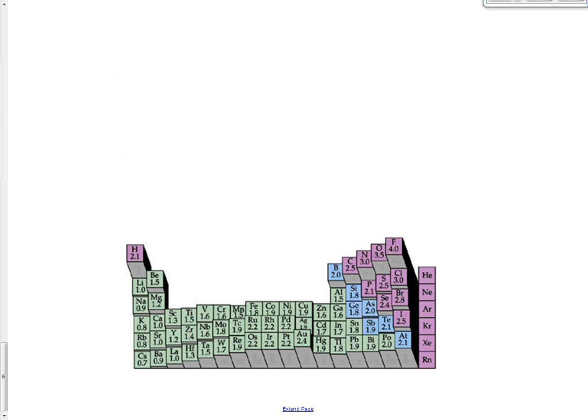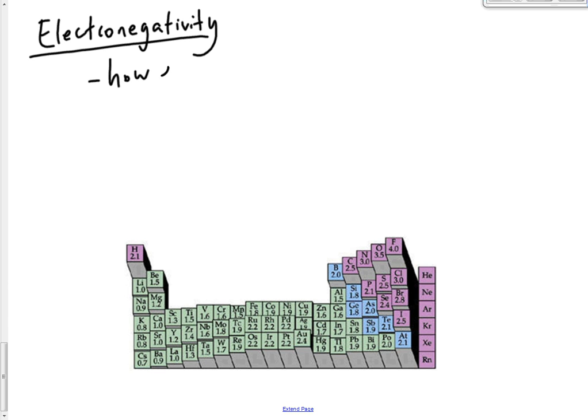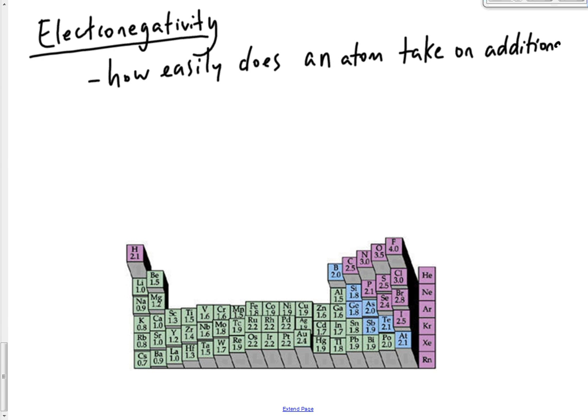Okay, so electronegativity, basically, does an atom take on additional electrons?